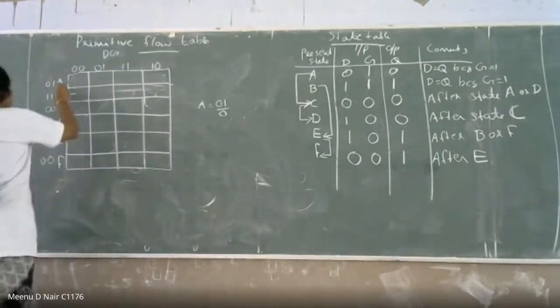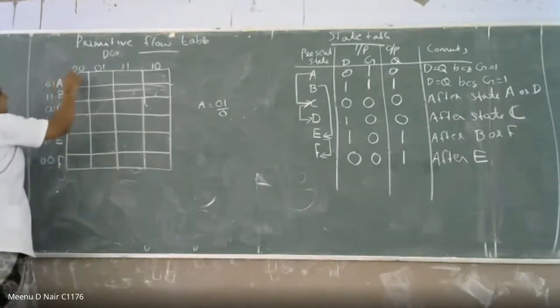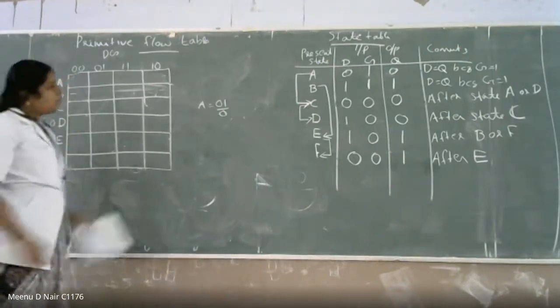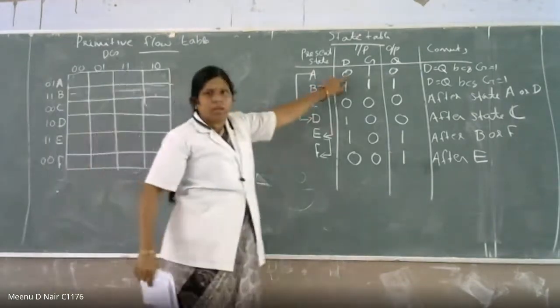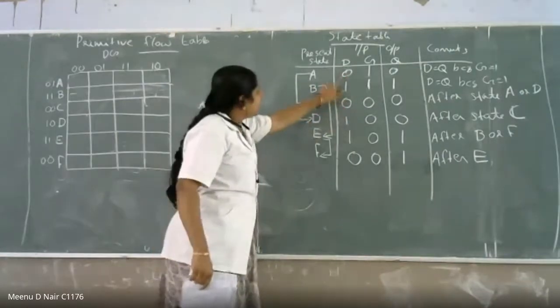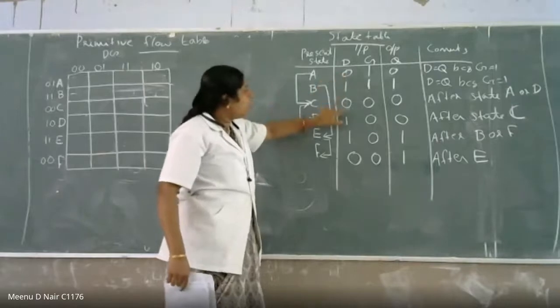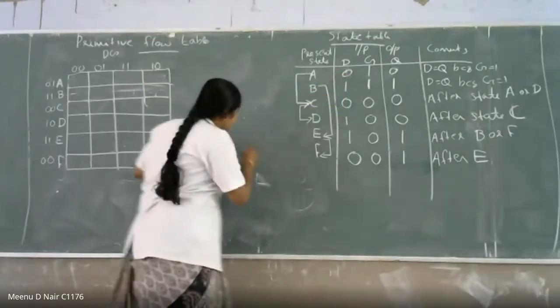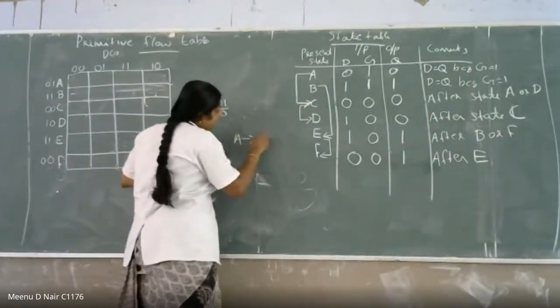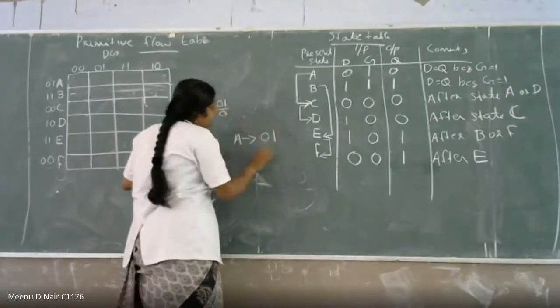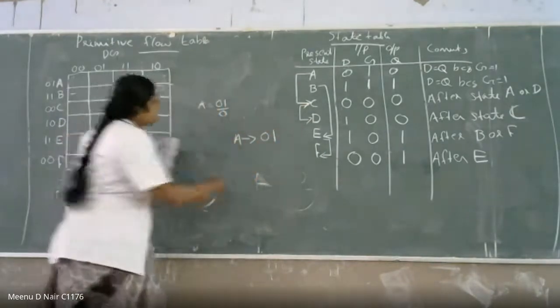So you are comparing A state with 0 0, where A is nothing but 0 1. Is that clear? Then you are comparing with 0 0, whether A to 0. A is 0 1, and the first cell is 0 0.